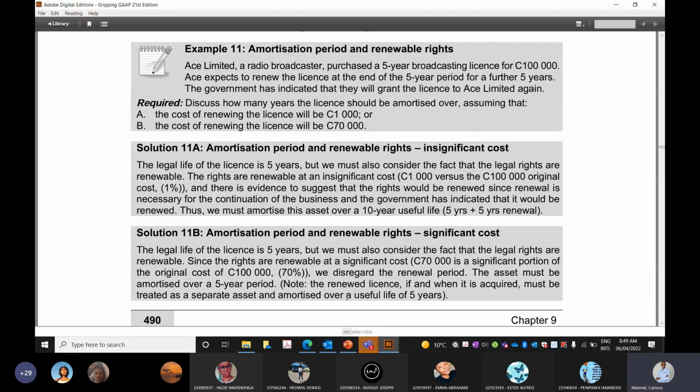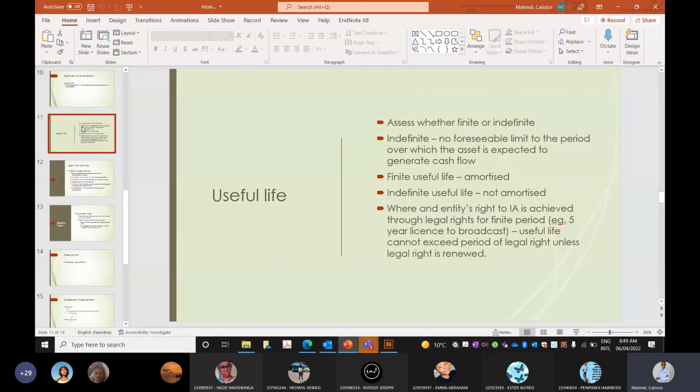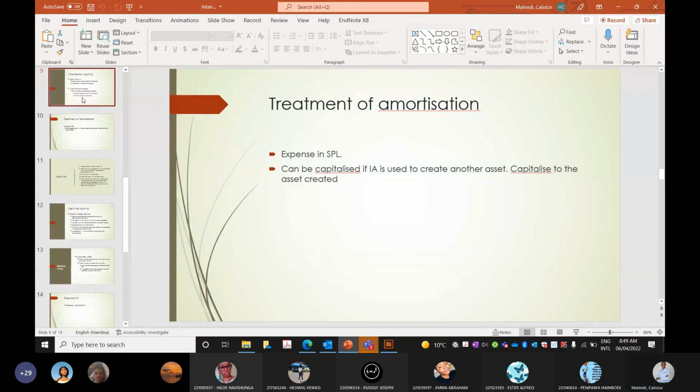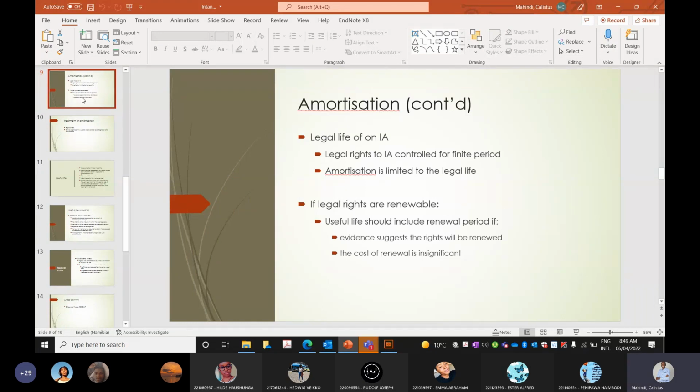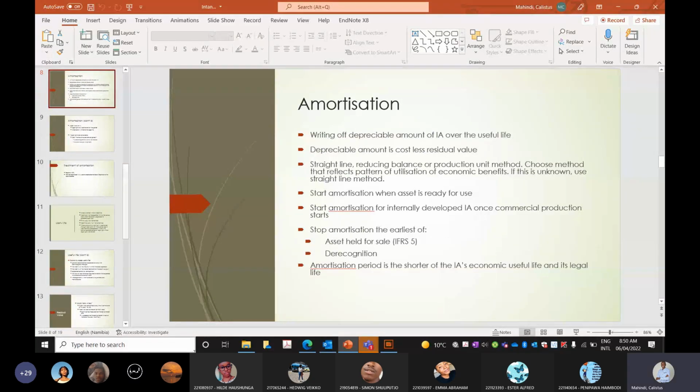Can anyone tell me what you think the cost would be? Maybe I should go to the theory. What do you think the cost of the intangible asset should be? Should it be 100,000 or should it be 101,000? I think it should be 101,000. Okay, why do you think it should be 101,000?